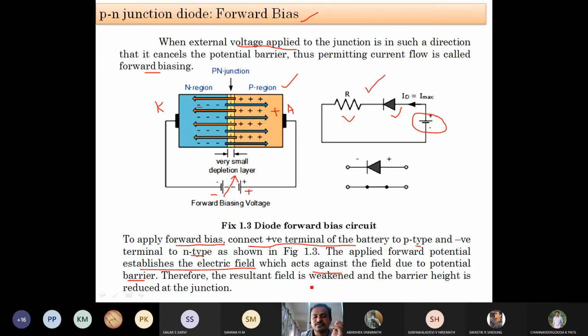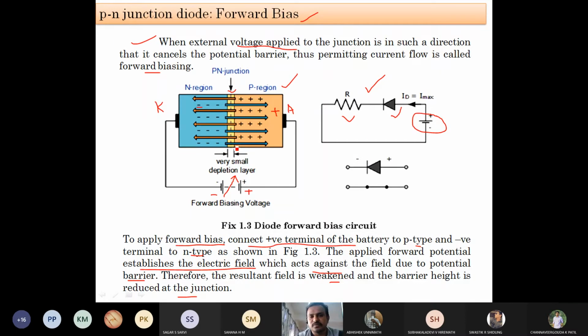Therefore, the resultant field is weakened and the barrier height is reduced at the junction. This barrier is what we obtain between the two semiconductor materials. The width of this barrier goes on reducing as the forward bias voltage increases.